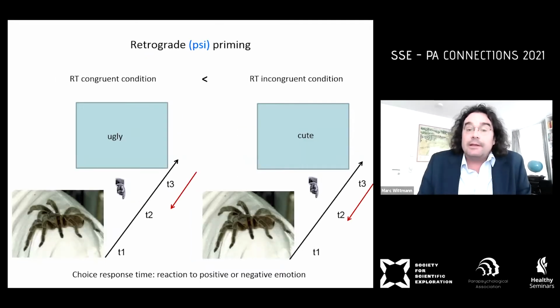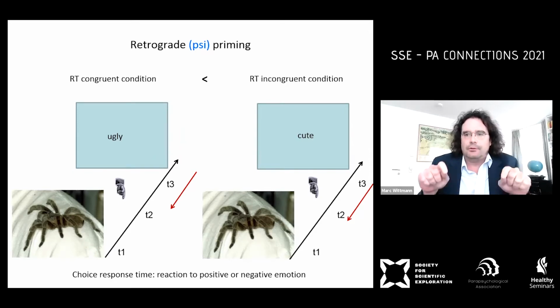Now, the retroactive psi priming task is the following. Again, we have photos we have to react to, either positive or negative. But then after the button press, a word appears, again either positive or negative in valence.